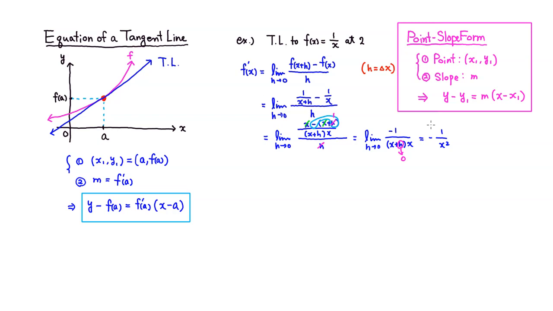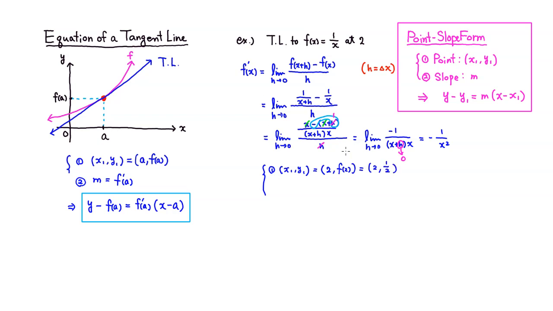All right, so let's try to answer this question. First, we have to find a point, x1, y1. x1 is given to be 2. Then we have to find f of 2, so maybe I'll write that first. That's the original function, so if you plug in 2 for x, you get 1 over 2.